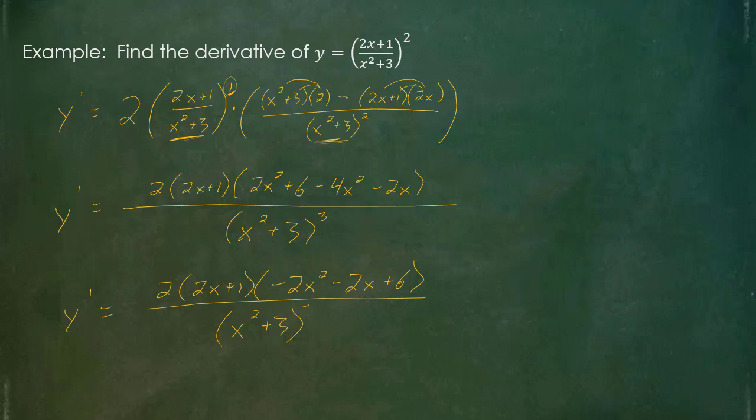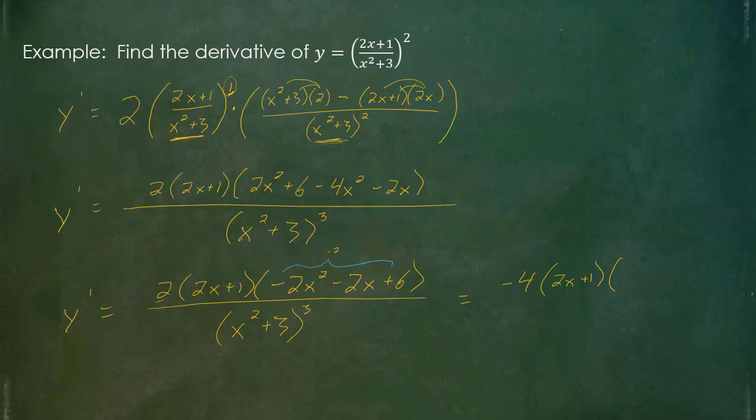Now if we look at that parenthesis right here, notice I could technically take a -2 out of that, and that would get rid of a couple of negative signs, and it also would make those numbers a little bit smaller. So if I go ahead and take that -2 out of those, that should be able to multiply with the 2 in front, so that would turn that into a -4. Then I've got my (2x plus 1).